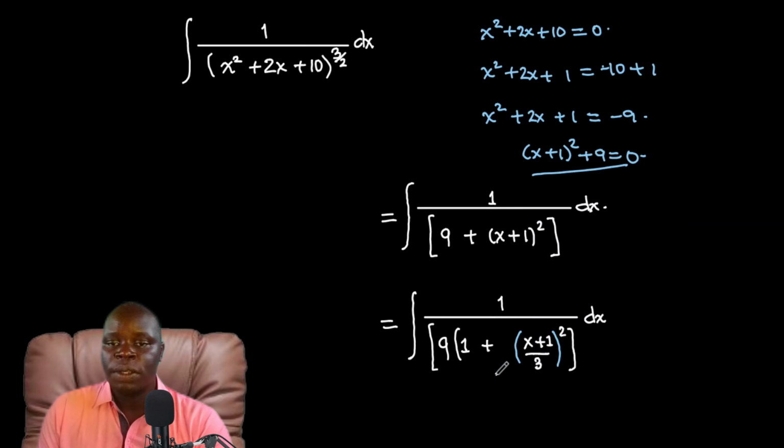So let me explain a little bit. What I've just done here is like dividing the whole of this expression by 9, such that if you are opening up this bracket, you multiply 9 by 1 to get back 9, then 9 by the other 9 we had here, that is going to cancel, and you get back this if you open up this bracket here.